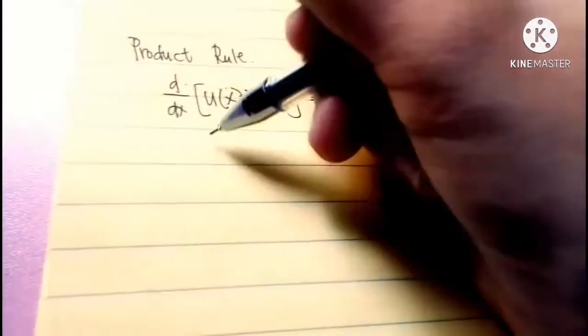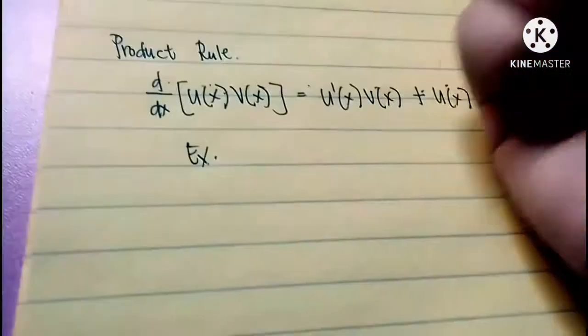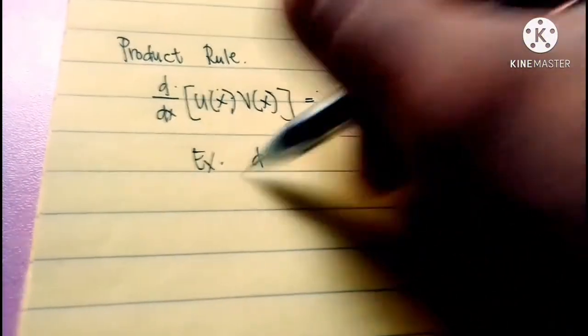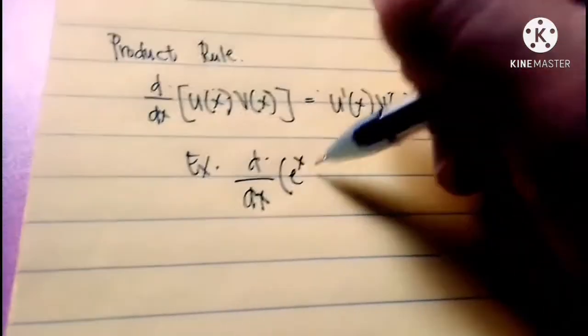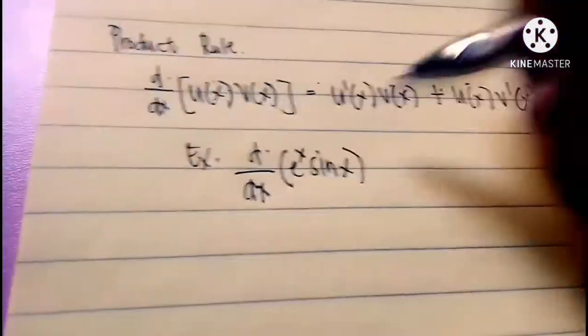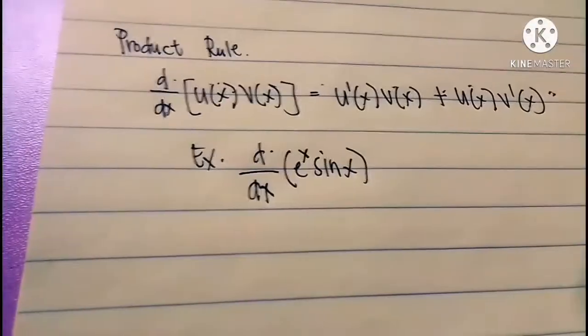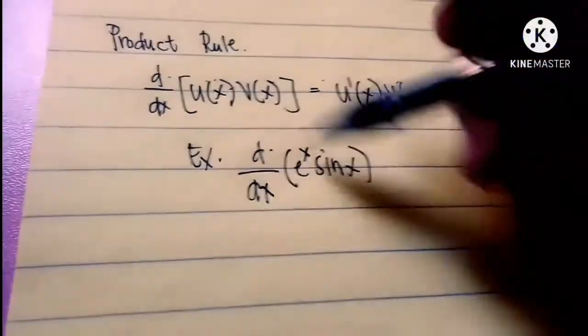For example, we have the derivative of e to the x times sine x. Now we will get the u of x.